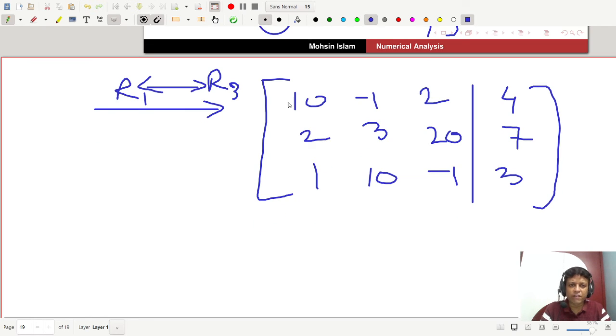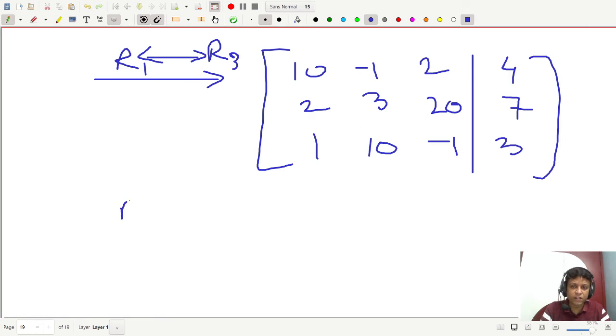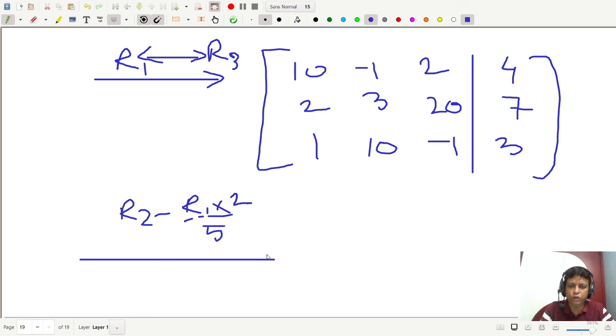Now I will apply the elementary row operation in this case. I will divide the whole first row by 10, multiply it by 2, and subtract it from equation 2. So the method is R2 minus R1 times 2 over 5, that will be the operation for R2.